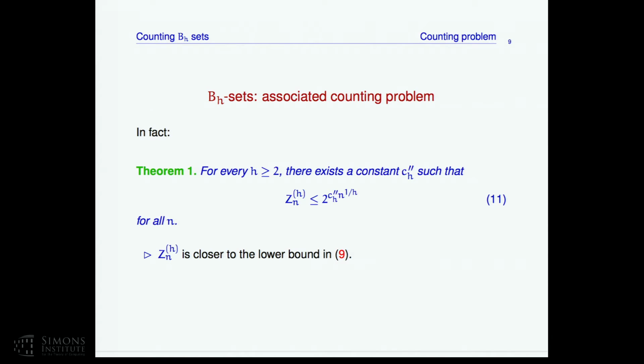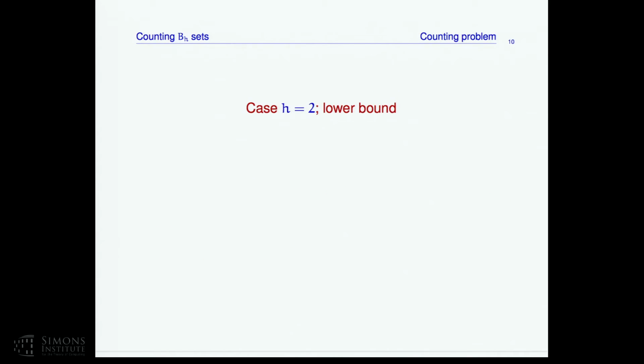Just to remind, we had these two bounds with the log n gap in the exponent, and the answer is closer to the bottom side, the trivial construction in which you take one B_h set and all its subsets. Of course, the coefficients in the exponent are all different, but at least the order of the exponent is n to the 1 over h.